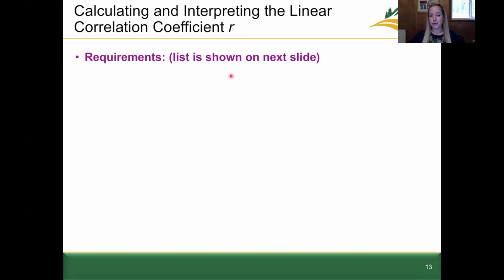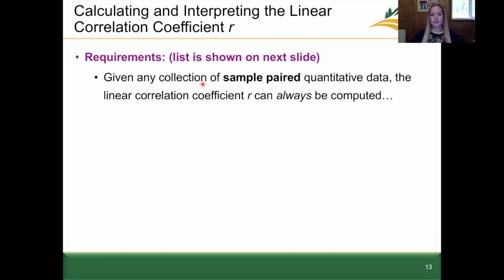Here is an important preface to that list of requirements. As we saw for the nonlinear correlation, we could calculate a value for R. So theoretically, given any collection of sample paired quantitative data, the linear correlation coefficient R can always be computed.